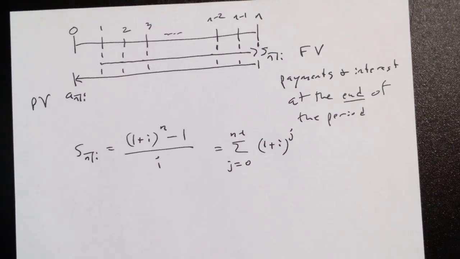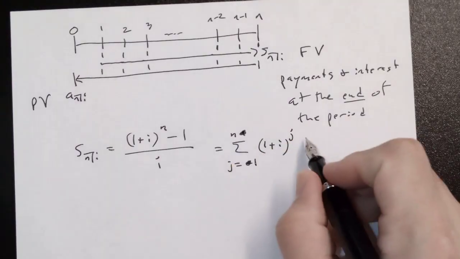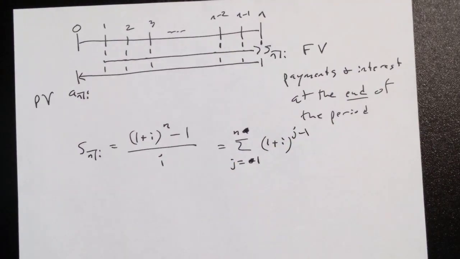Hang on a second. Yes, 1 to n, j minus 1. There we go.